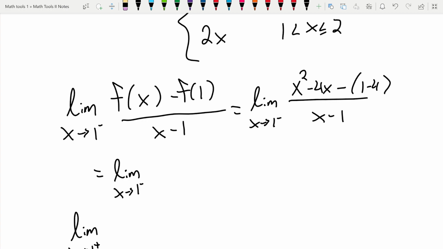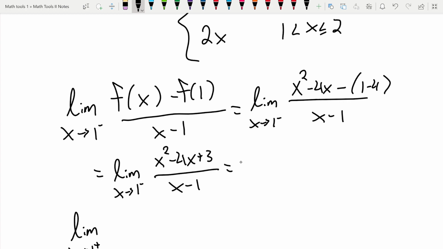So this is going to be x squared minus 4x plus 3 over x minus 1. If we just plug this in directly, of course the bottom will be 0. Let's make sure we get 0 on the top. We get 1 minus 4, which is negative 3, plus 3. So we do.